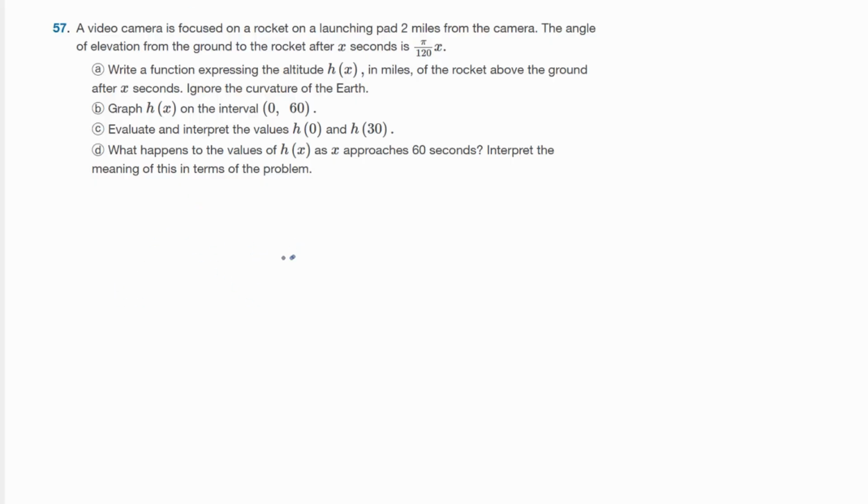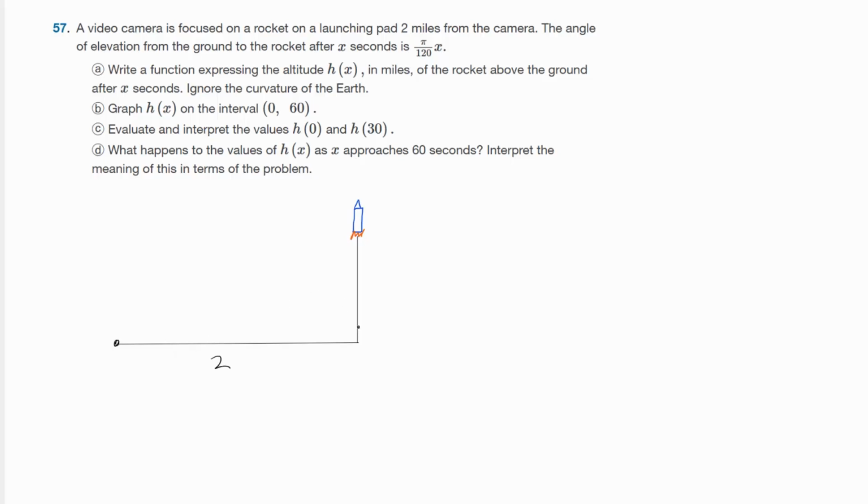Okay, well, let's draw a picture of the situation. So we've got a rocket. Here's the rocket. And it took off from a launch pad. And we're presuming flat ground or close to it. And then 2 miles away, there's a camera down here maybe.